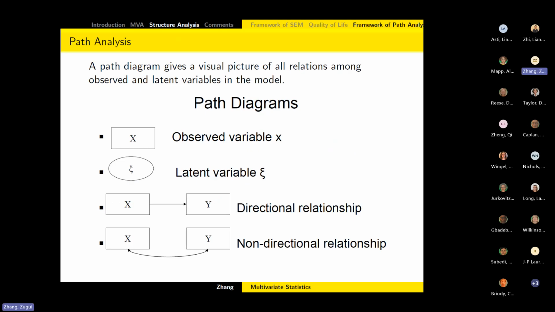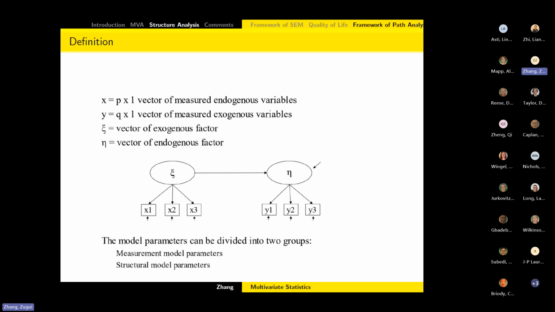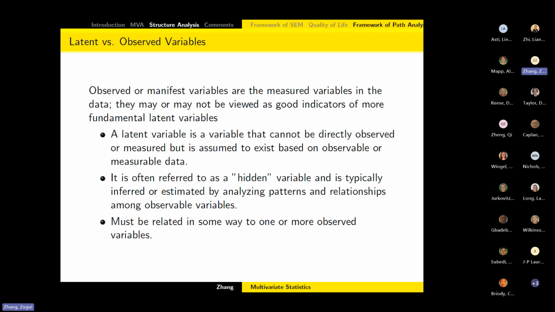And then in path analysis, we have the observed variables. Like here, we have treatment, age, gender, and others. We have a latent variable. Okay? This is the latent variable. And here, we have lambda and psi.